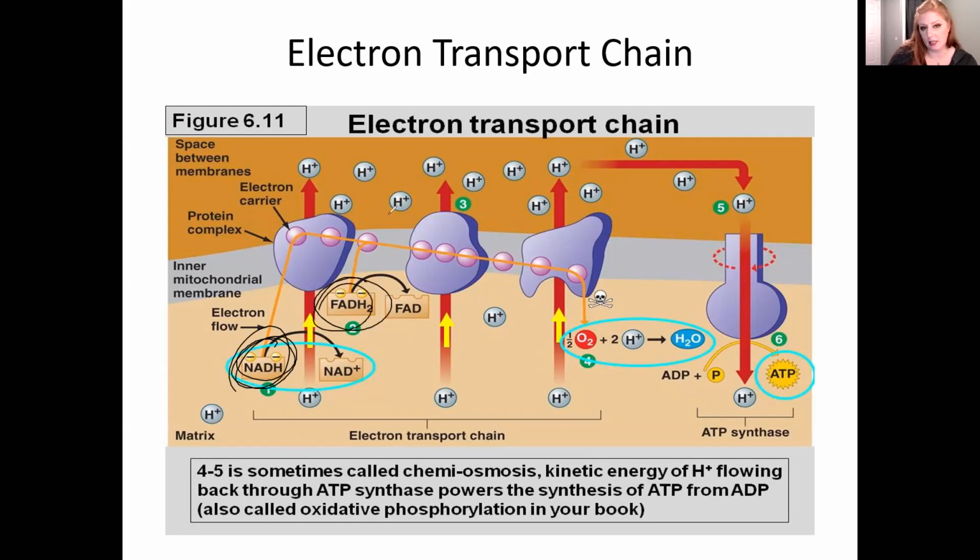FADH2 is going to drop its electrons off and be oxidized back to FAD. As a side note, I always get asked what these stand for. NAD is nicotinamide adenine dinucleotide, and FAD is flavin adenine dinucleotide. Okay, you can see what I call them, NAD and FAD.